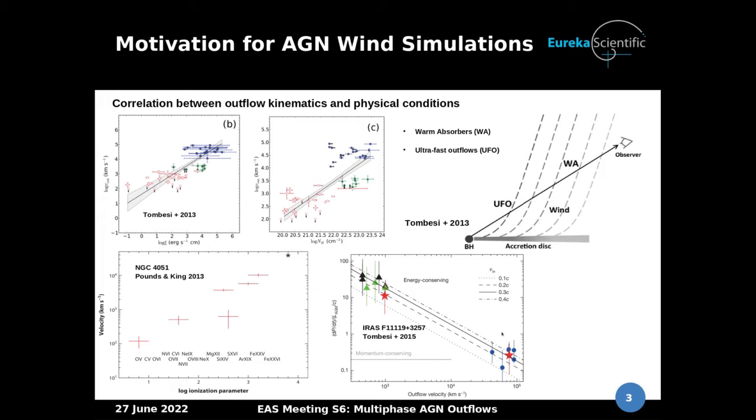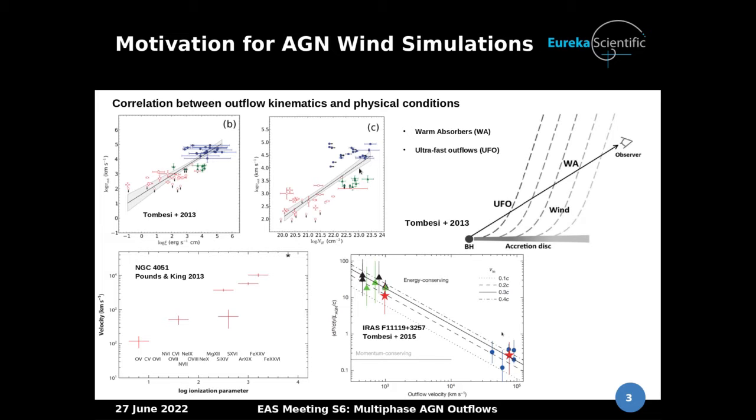There is a work by Tombesi in which he studied a sample of radio quiet AGN, and he derived outflow velocity, ionization parameter, and column density, and he found a correlation between outflow velocity and ionization parameter.